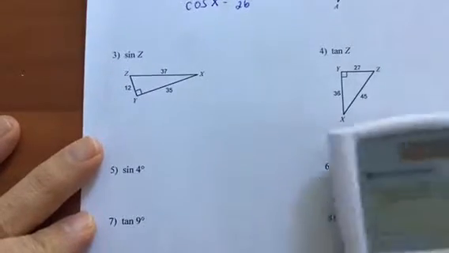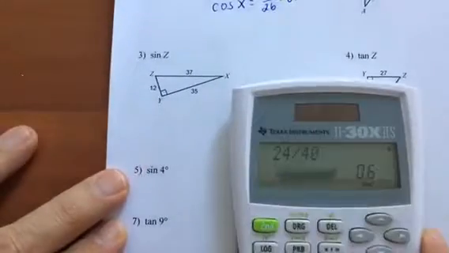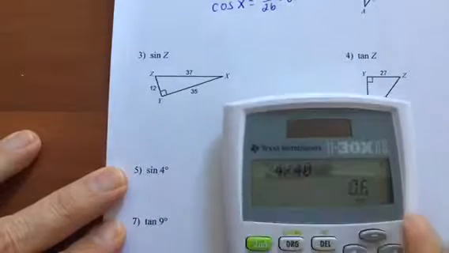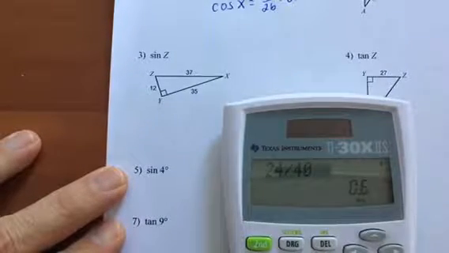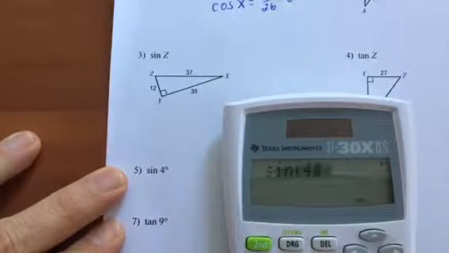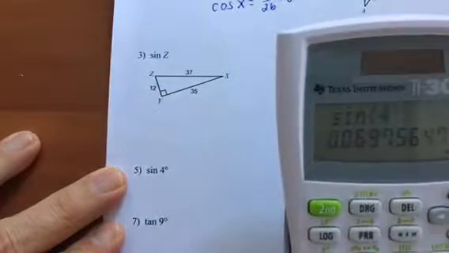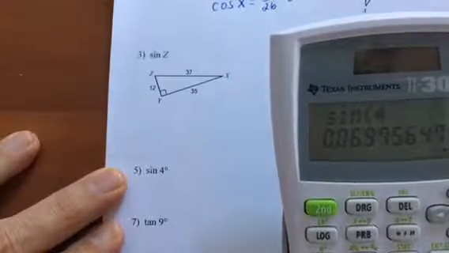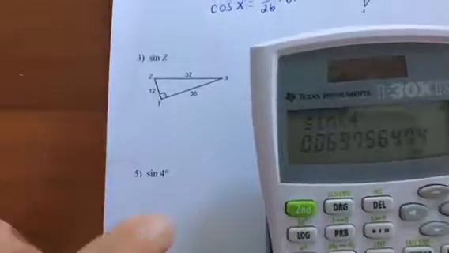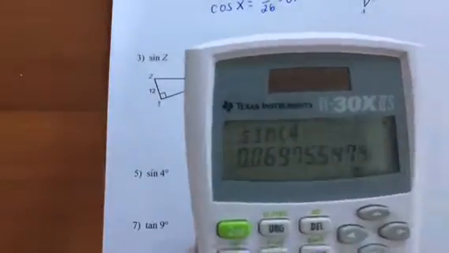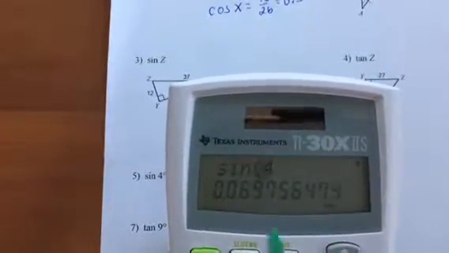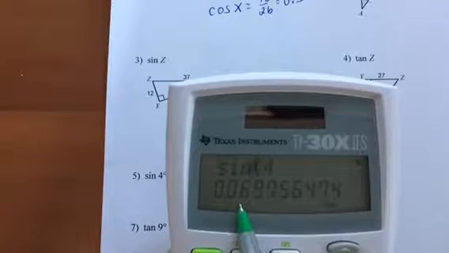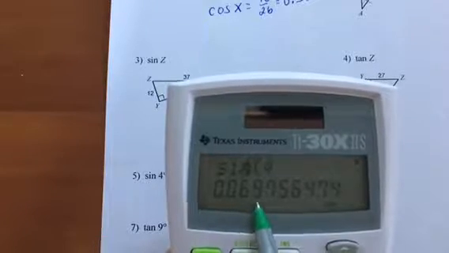Let's try a couple of these guys. We're going to say sine of 4. All they want to know is the trig ratio. Sine 4. 0.069756. All I did was type in sine 4. That's tenths, hundredths, thousandths, 10,000ths.